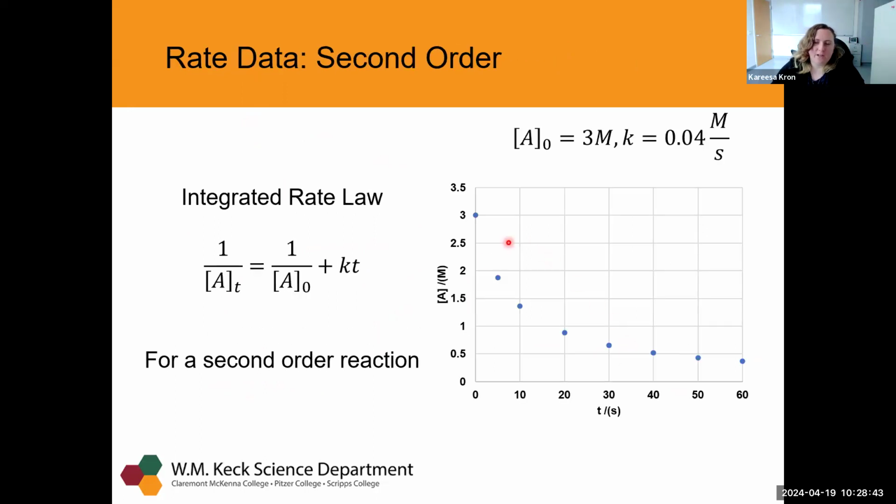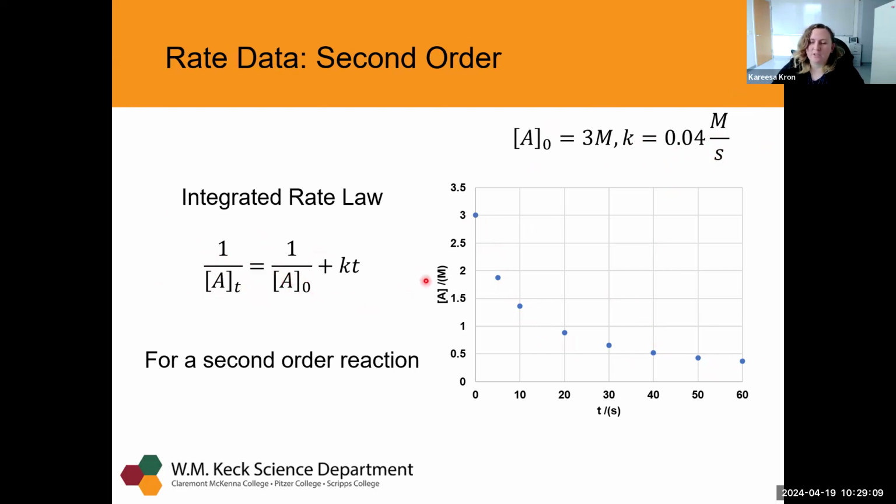So if you just plotted the concentration of A as a function of time for a second order reaction, you get something that declines even more sharply than our exponential equation did for the same initial concentration and rate constant. And that's because in this system, you have a different expression for A's dependence on time.